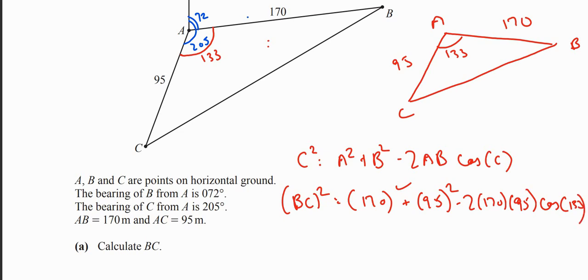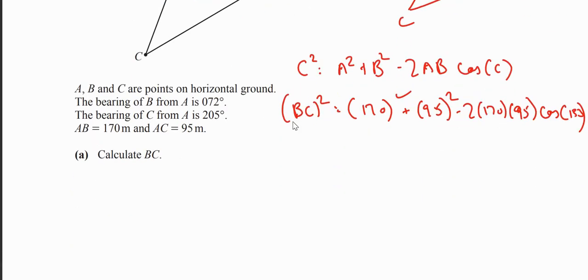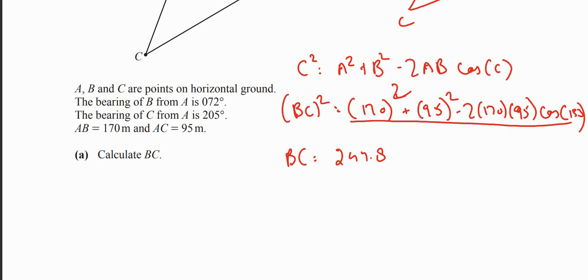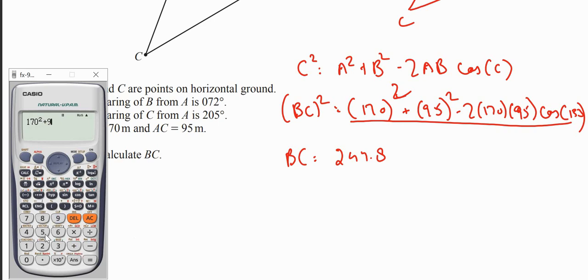Okay, so now let me solve it. BC, if I plug it into the calculator, BC square is equal to 244.8 squared. Whatever answer you get, under root the whole answer. I'll show it to you guys as well just to clear your confusion. 170 square plus 95 square minus 2 multiplied by 170 multiplied by 95 multiplied by cos 133.